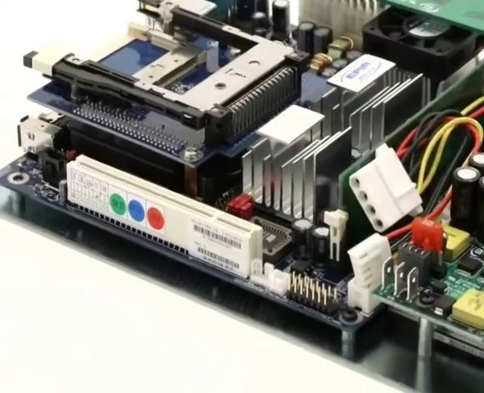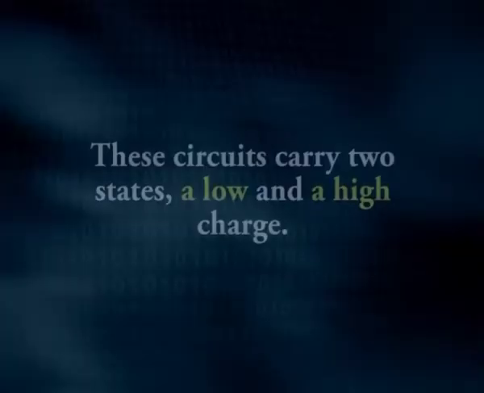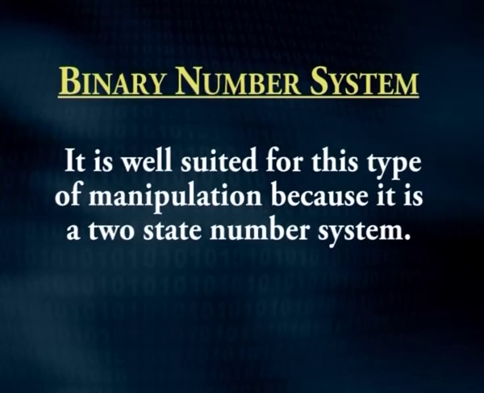A computer system is made up of electronic circuits. These circuits carry two states, a low and a high charge. Manipulating these charges so that they can do something of use is what the computer does. The binary number system is well suited for this manipulation because it is a two-state number system.